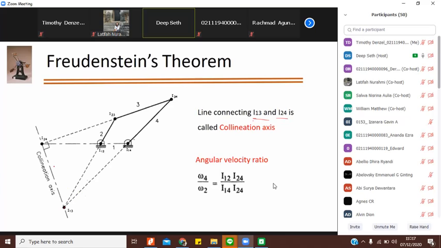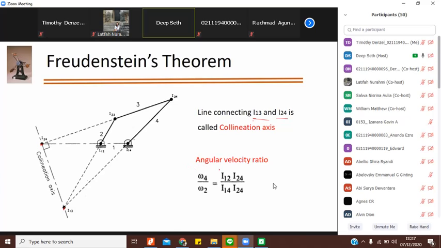This is I13 and this is I24. This is the collineation axis. From here, link 3 is moving about this center, and link 2 and link 4 are rotating about these two centers.